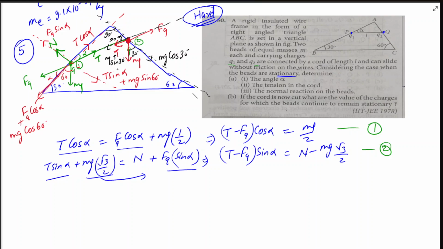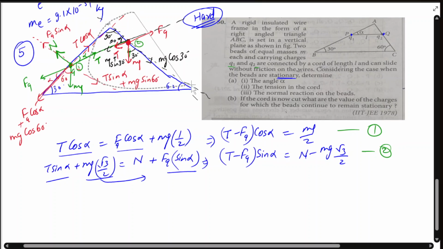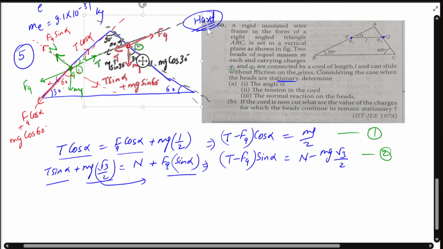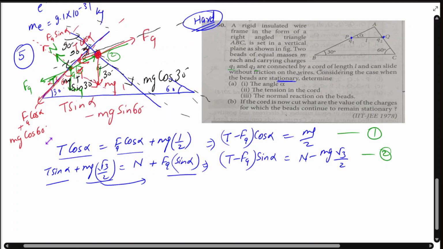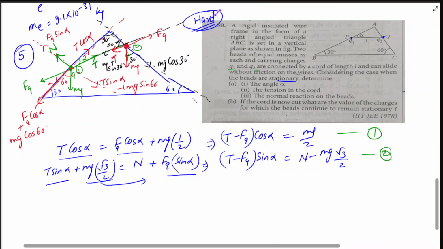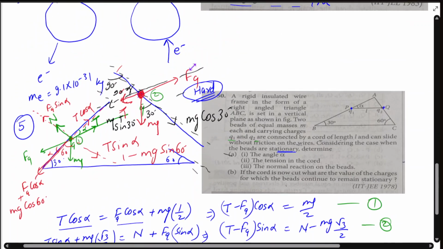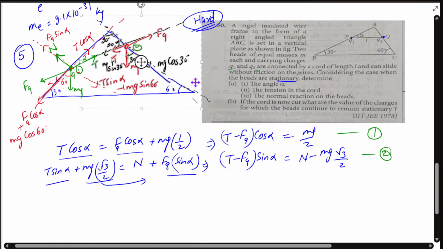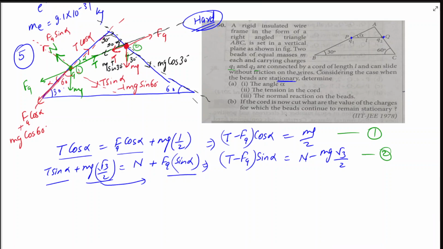I will zoom in, don't worry. Let me zoom in first. Let's zoom in on this part. I have to zoom in on this whole part.